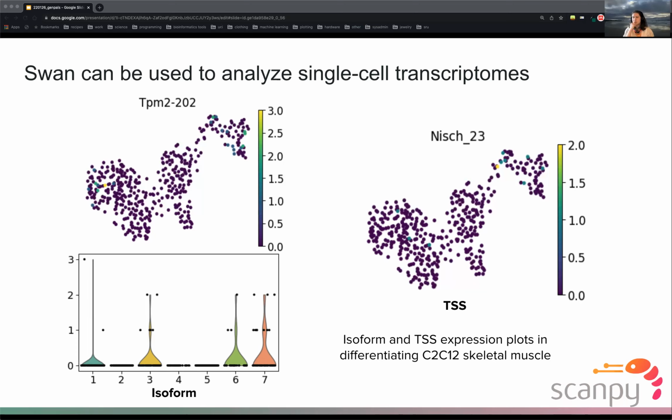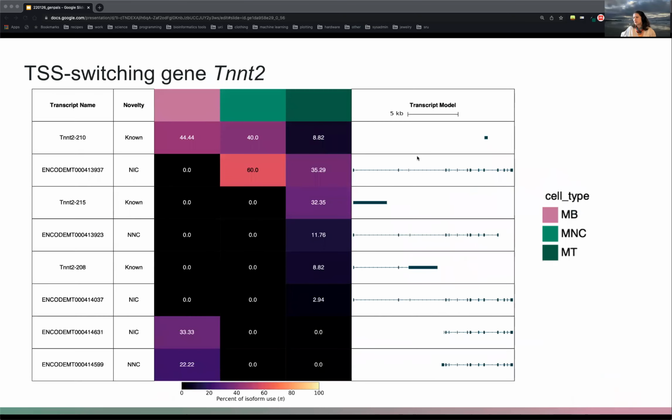The strategy that I mentioned was developed for single cell, but presumably due to the sparsity of the data, it always works by aggregating first. So in the case of my data, these are the values that the statistical test would be working on, because I was always comparing these different cell types. You need to define groups on which you want to make the comparisons first. And it'll aggregate everything from that group to calculate these percent isoform use values before performing the test.